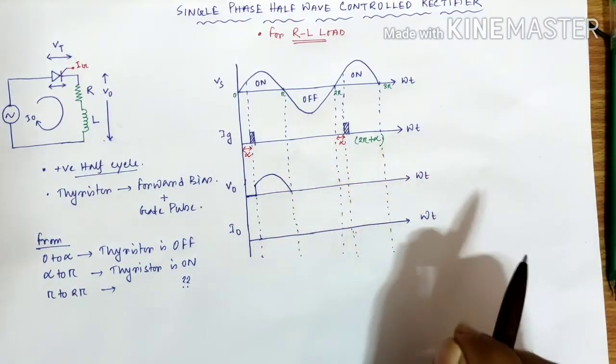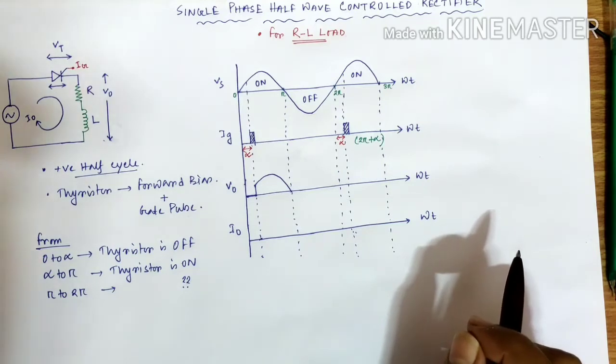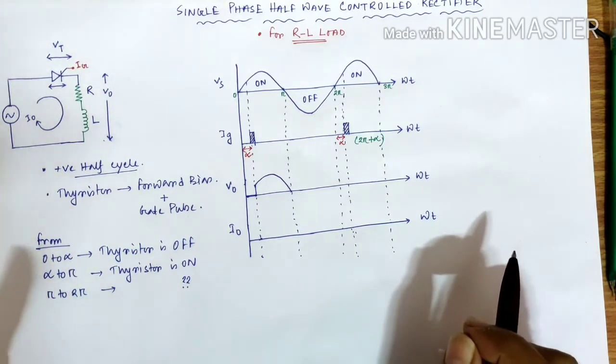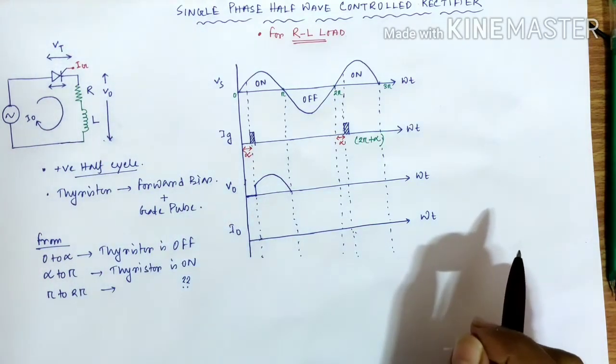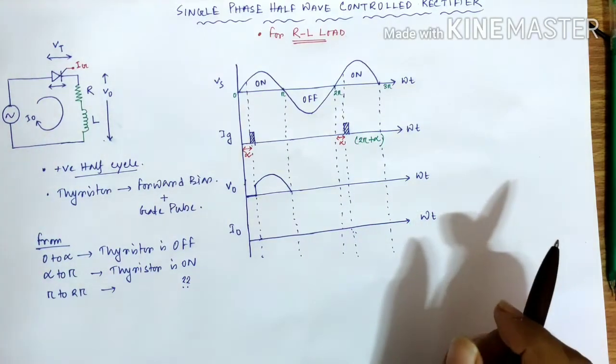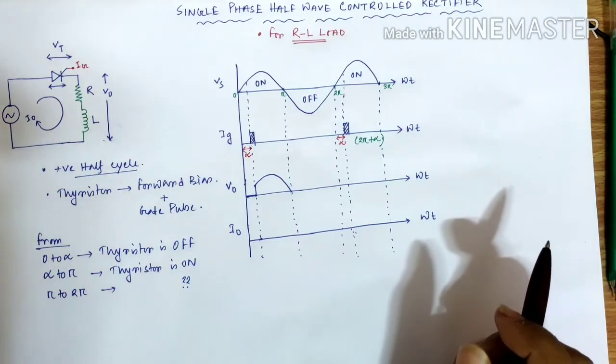I'm repeating it once again. The basic nature of an inductor is that it does not allow the current flowing through it to have a rapid change in magnitude. If a certain amount of current is flowing through the inductor, the inductor will not allow its value to change rapidly.